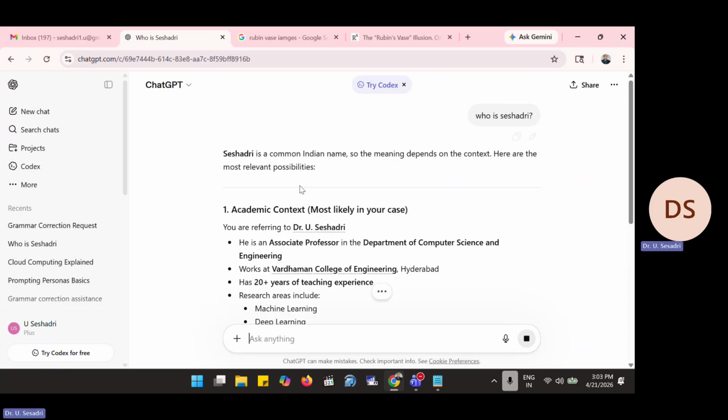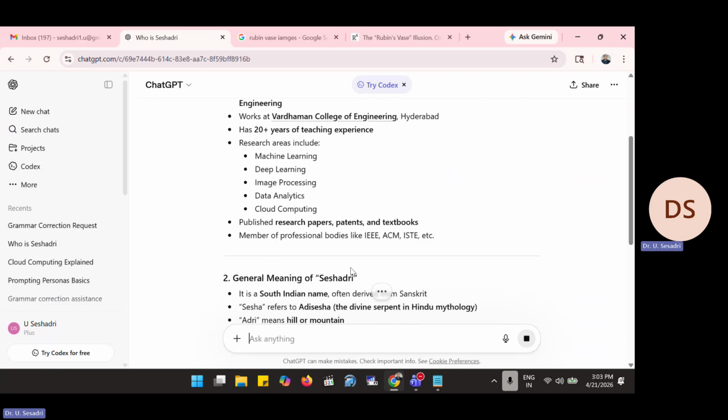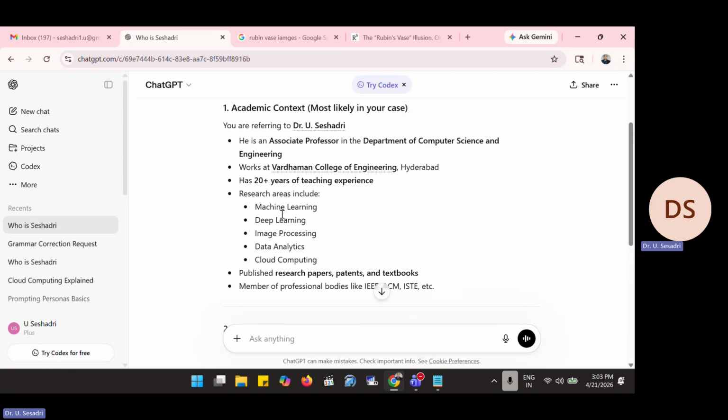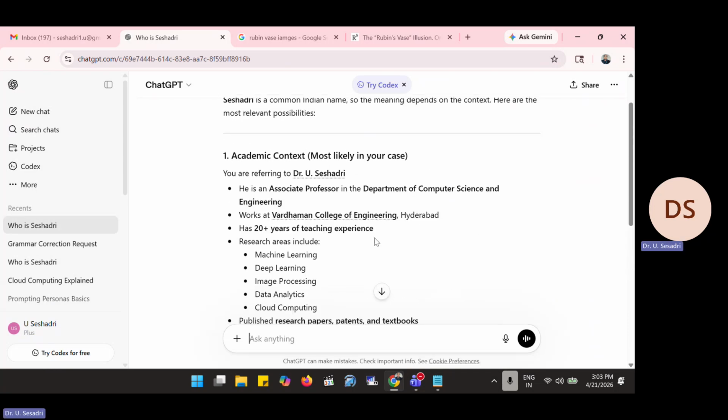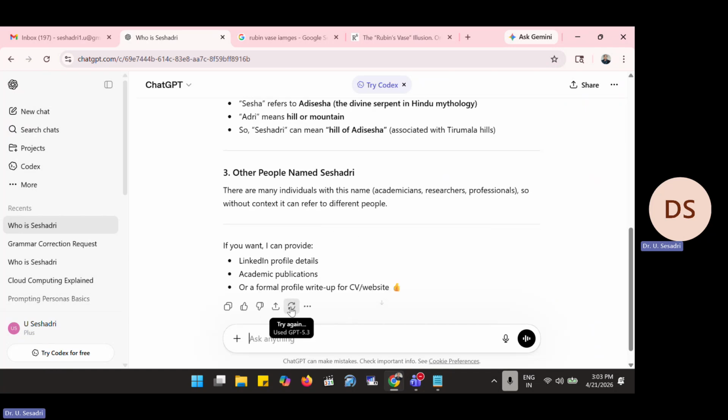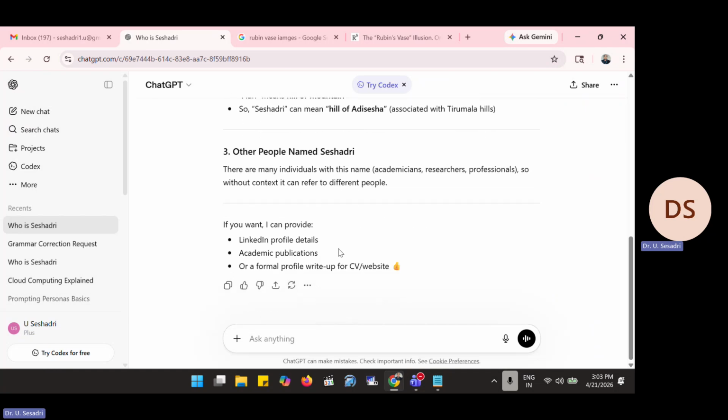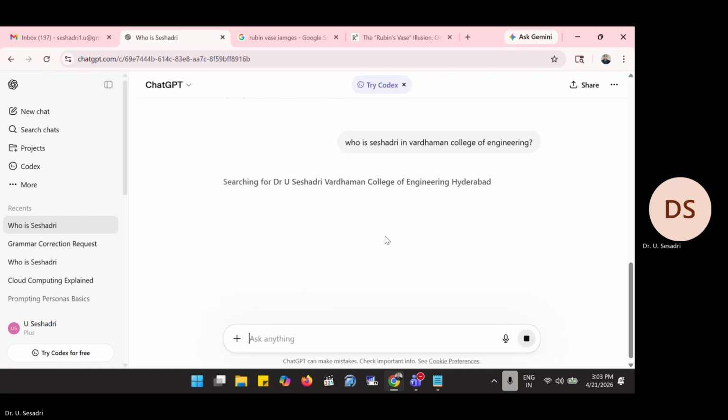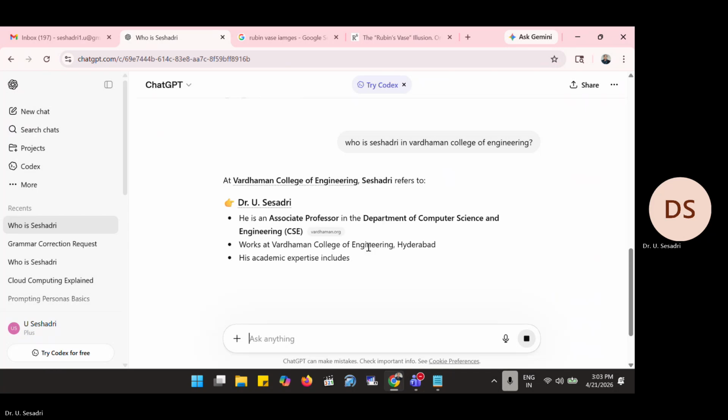When I give who is Sheshadri, it is providing academic content and the general meaning of Sheshadri and other people named so. When I give "who is Sheshadri in Vardhaman College", it is providing clear information.